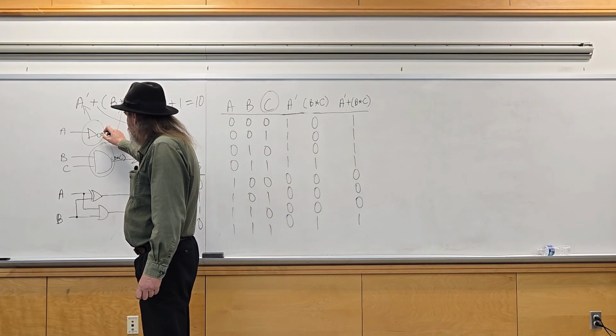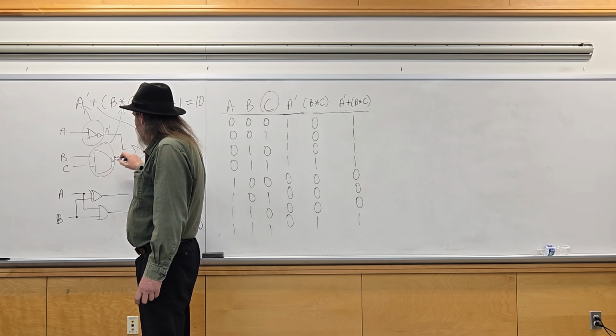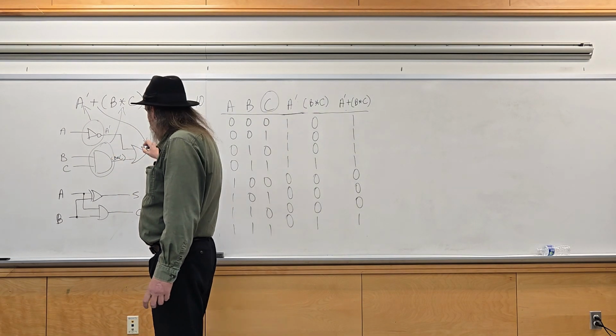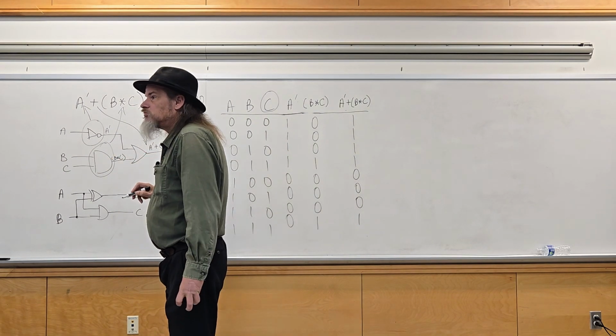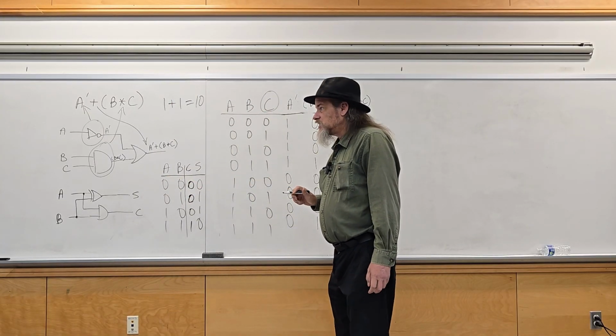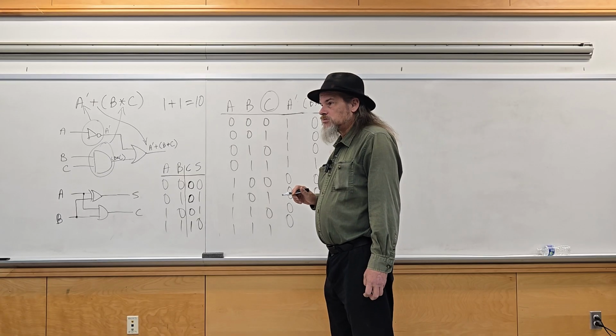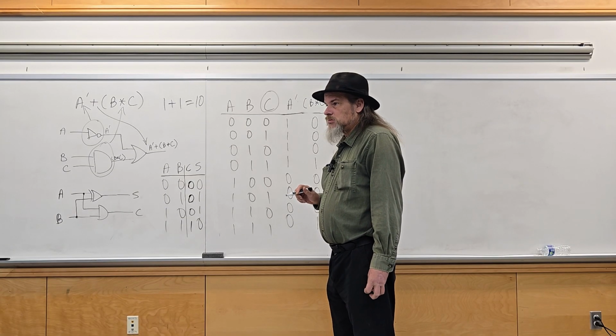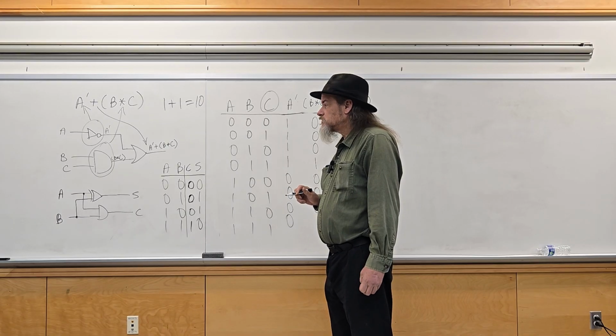The output of this gate and the output of this gate is ORed together. This could be an AND gate and have a different function, but as long as they bridge together before they make an output, yes, that's right.